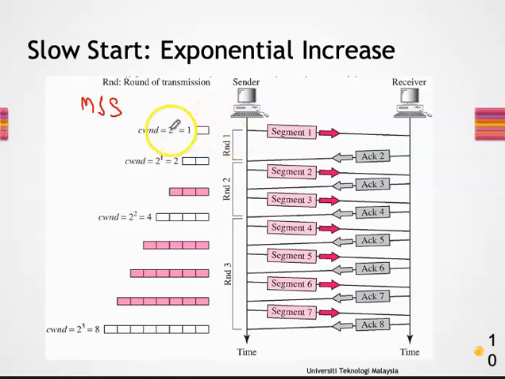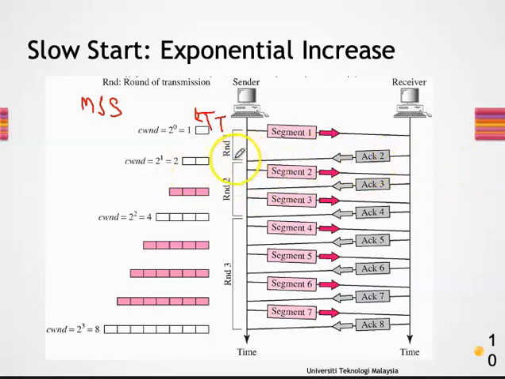Looking here, for the first one, CWND is equal to 2 power of 0, which is 1 MSS. So segment 1 is sent to the receiver, and when the acknowledgement is received, this is considered round 1, or RTT 1 in some books.